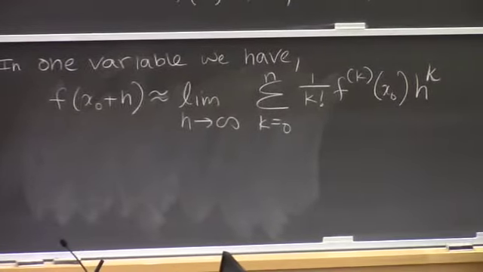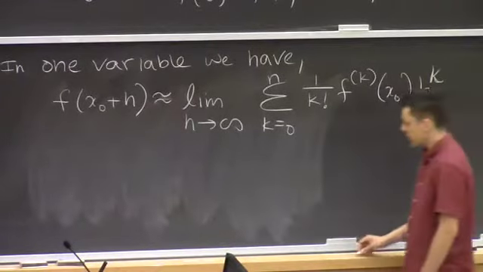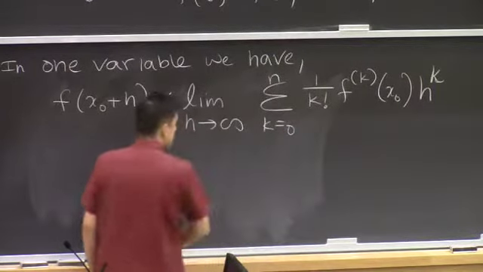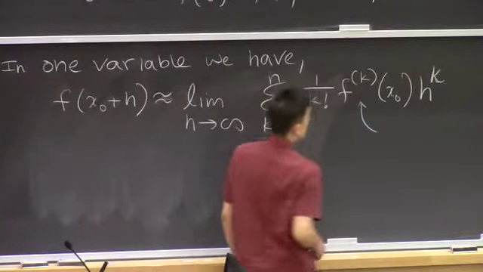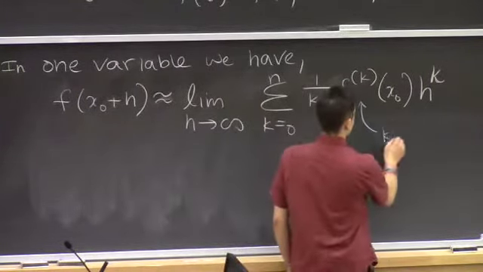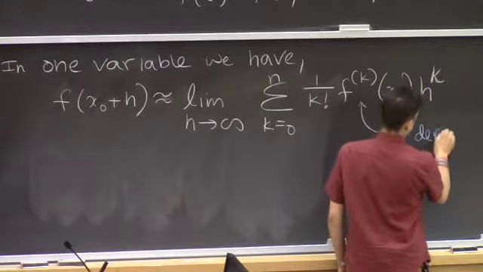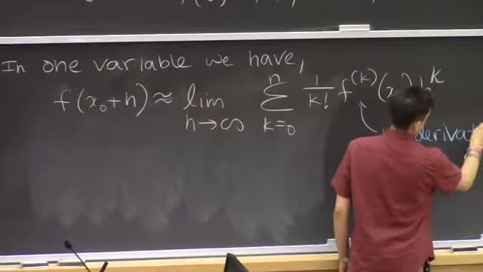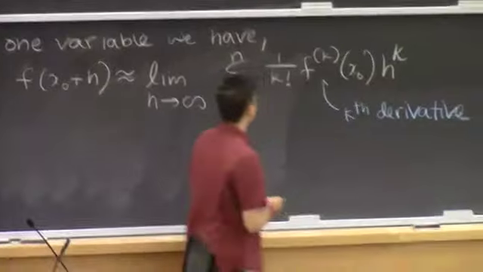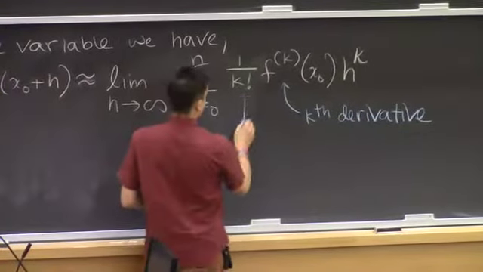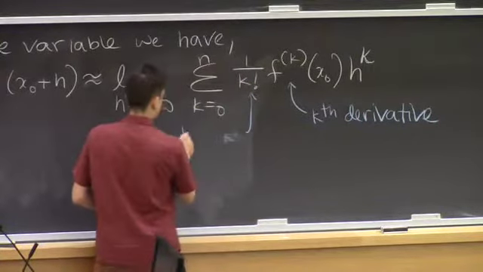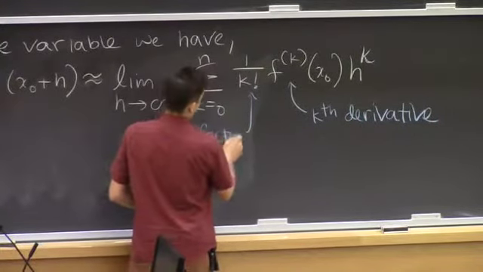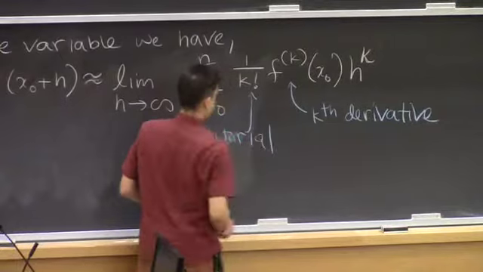This is our approximation to our function. What are the moving parts of this definition? This one here is the kth derivative, and this one here is k factorial.